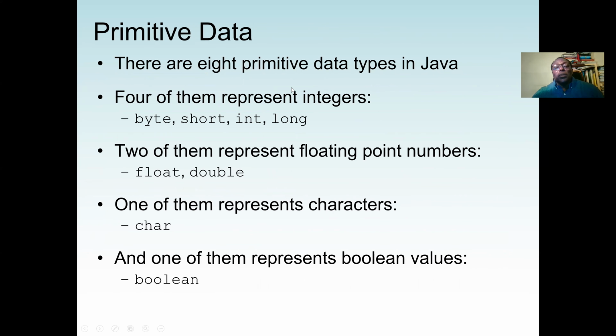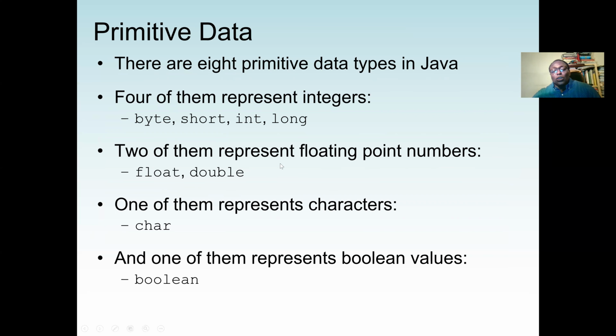In Java, we have primitive data types. A data type is very important. When we declare a variable, we assign a data type, and it tells us what kind of value we can enter into the variable. There are 8 primitive data types in Java. 4 of them represent integers: byte, short, int, and long. 2 of them represent floating point numbers: float and double.